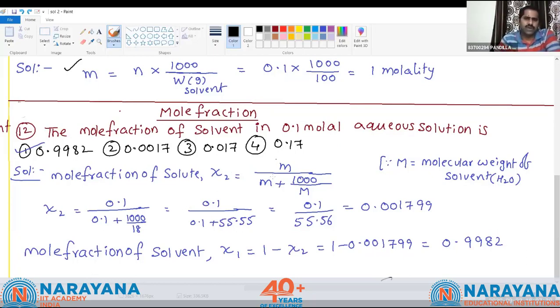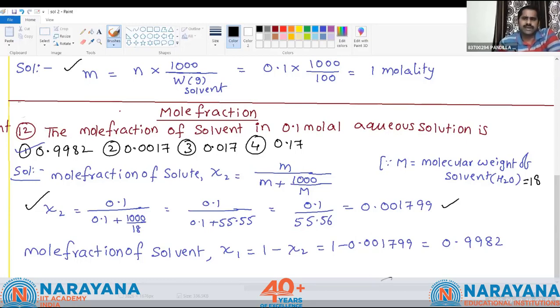Mole fraction is equal to molality divided by molality plus 1000 by molecular weight M. In the problem they gave molality 0.1, so 0.1 divided by 0.1 plus 1000 by the molecular weight of water. Remember, the molecular weight is 18. So by doing the calculation, 0.1 by 0.1 plus 55.55 is equal to 0.1 by 55.56.